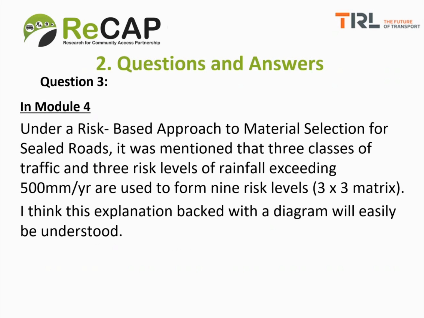The third question goes, under a risk-based approach to material selection for sealed roads, it was mentioned that 3 classes of traffic and 3 risk levels of rainfall exceeding 500 millimeters per year are used to form 9 risk levels. That is a 3x3 matrix. I think this explanation, backed with a diagram, will easily be understood.